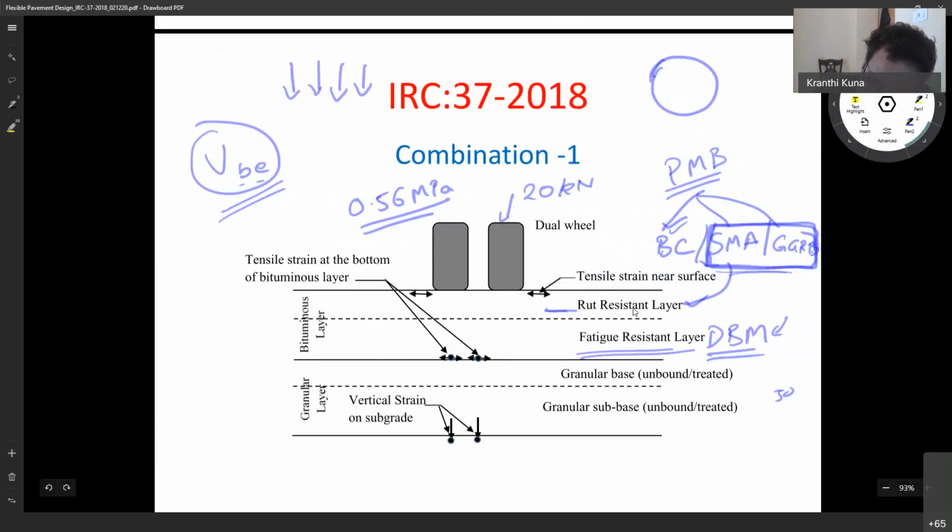That uniform stress of 0.56 megapascal is what we use for analyzing the number of cycles to failure at the bottom of the bituminous layer and at the top of the subgrade, for the subgrade rutting criteria and bound layer fatigue criteria.